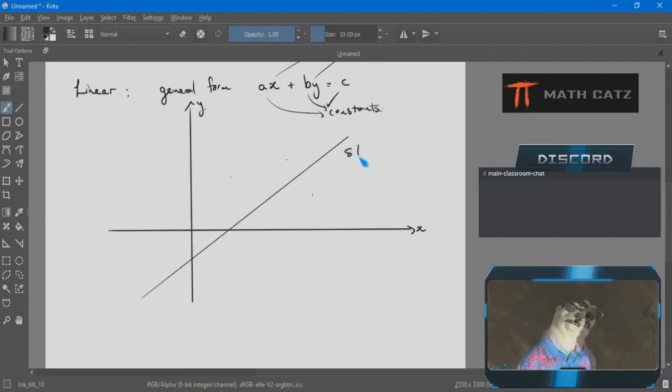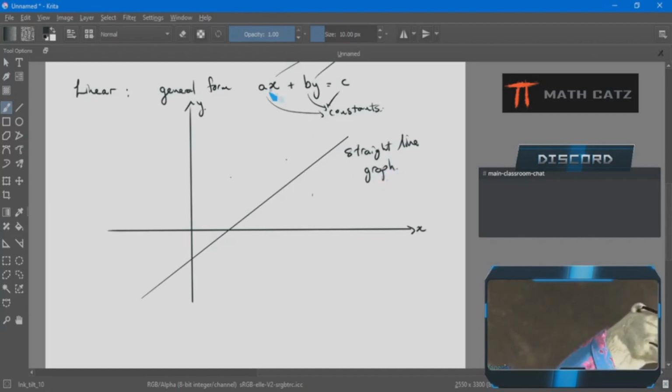But it's always going to be a straight line graph. Of course, I would need to know the specific numbers.